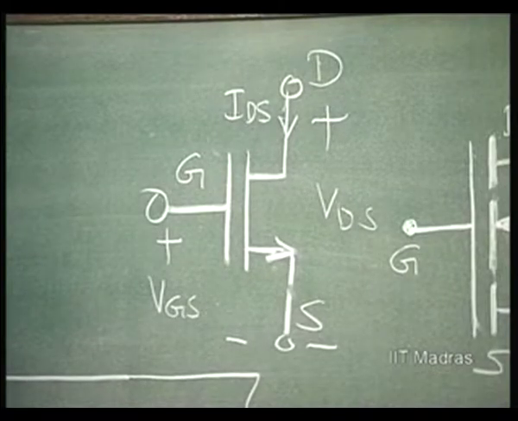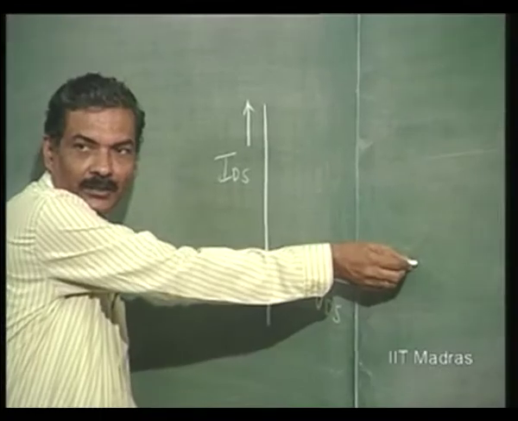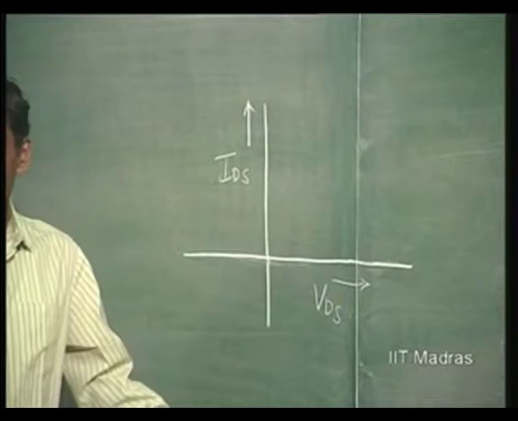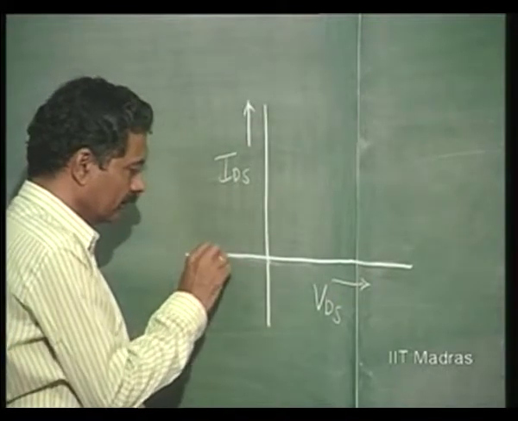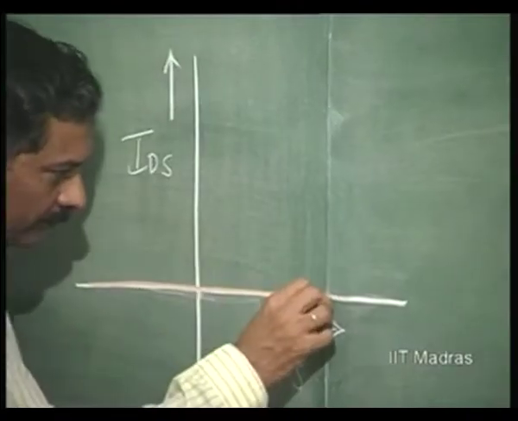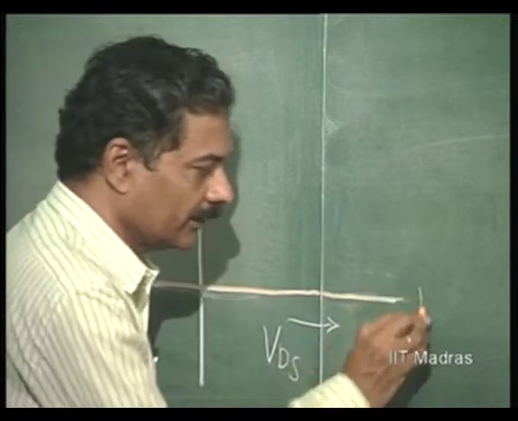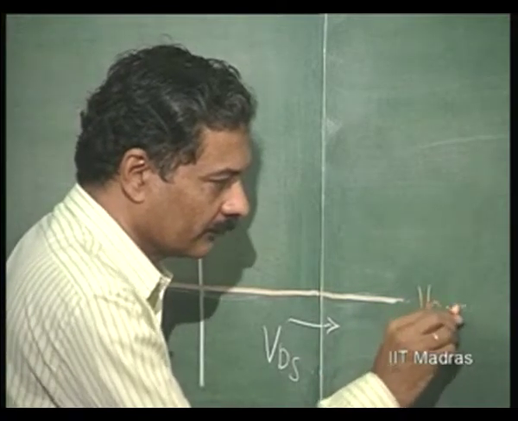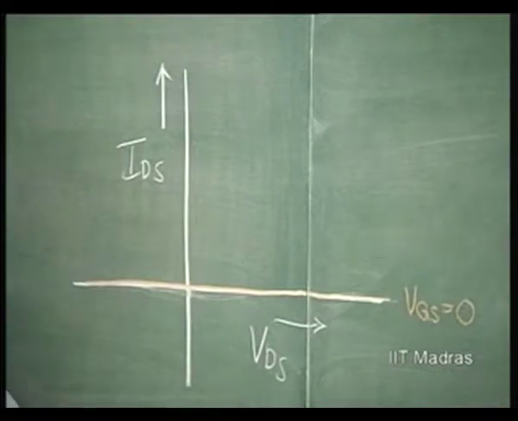Obviously, the resistance is infinity, that means there is no current, whatever be the voltage VDS. So, this is the characteristic curve for VGS equal to 0. No current.